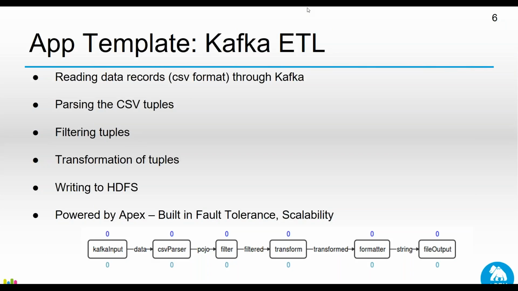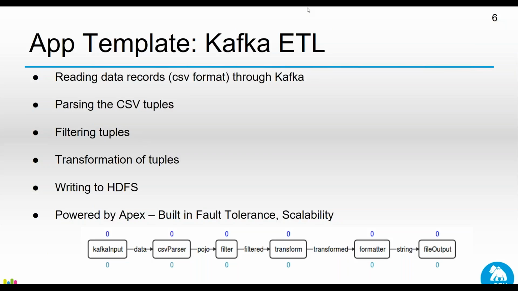So this particular Kafka ETL template, if you look at this screen, at the bottom of the screen is what we call a logical DAG. This is the directed acyclic graph. So here we are reading from a Kafka input connector, or other client if you would want to look at it from a Kafka perspective, which is reading data of different topics.